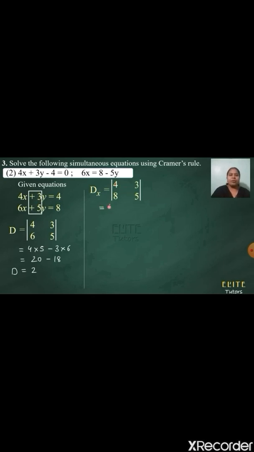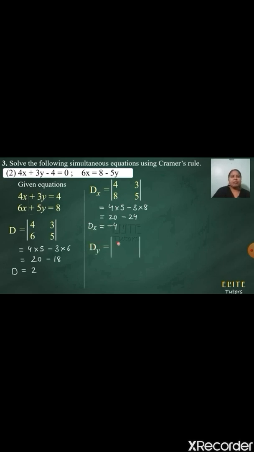So that will be equal to 4 into 5 minus 3 into 8. So 4 5s is 20 minus 3 into 8 is 24. So 20 minus 24, that is equal to minus 4. Second step is over, that is we have found out the value of determinant of x, dx.